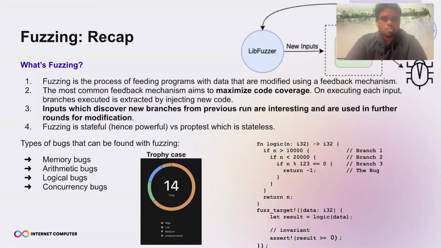Some types of bugs that can be found with fuzzing are memory, arithmetic, and logical bugs. Why do we stress fuzzing as a good testing tool? Internally, we use fuzzing a lot for native code, and we have found several high severity issues, as you can see from the trophy case. So it's a battle-tested way of finding vulnerabilities.